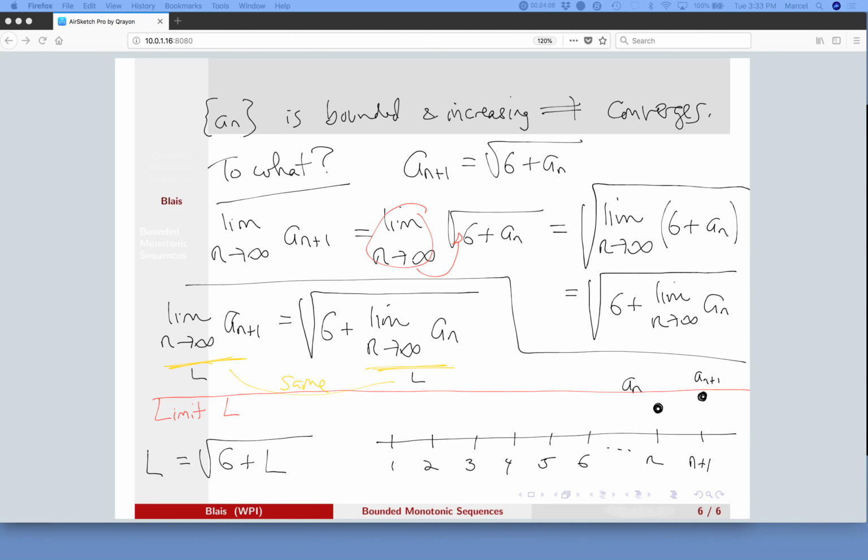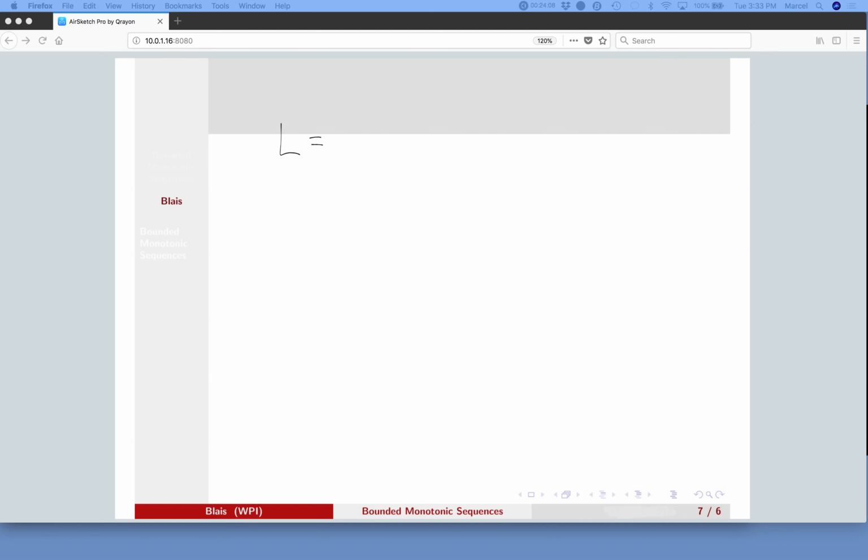So L equals the square root of 6 plus L. Square both sides. L squared equals 6 plus L. L squared minus L minus 6 equals 0, which will factor as what?